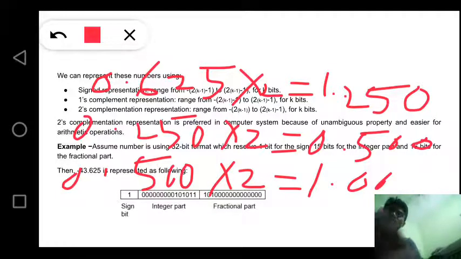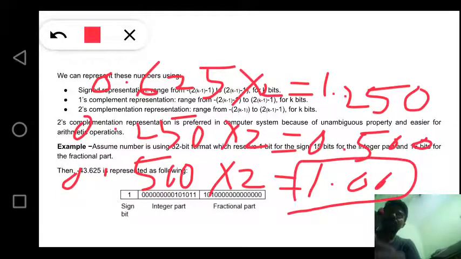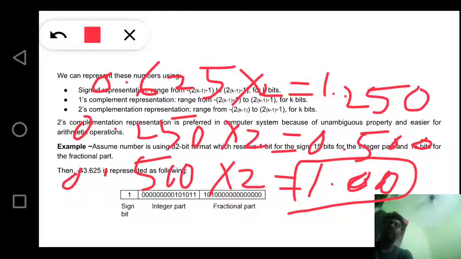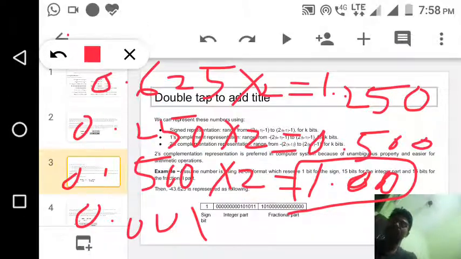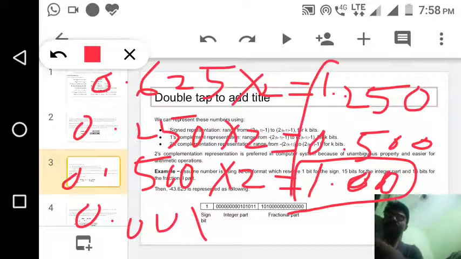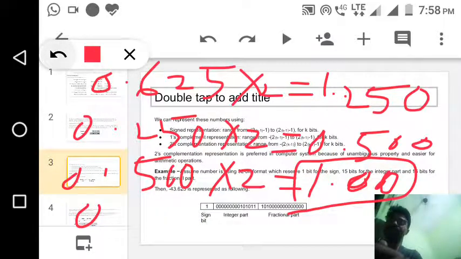So stop this process once you get 1.0, because what is the fractional part then? 0. Even if you continue, 0 multiplied by 2, you will get 0, right? So what is the number here? 101 is the number.